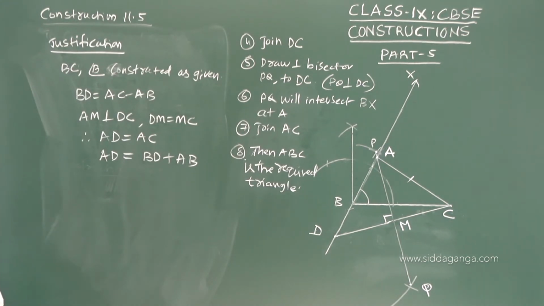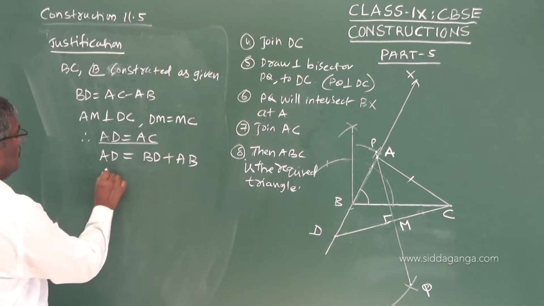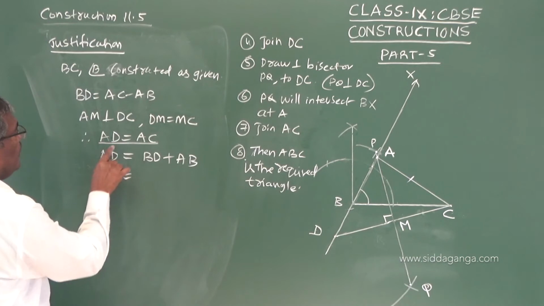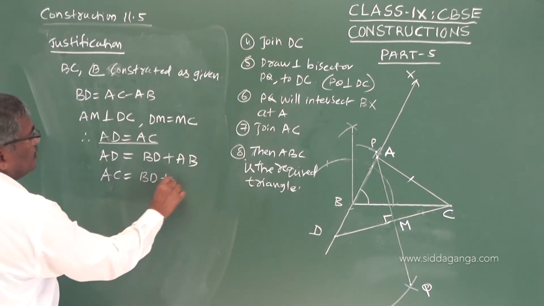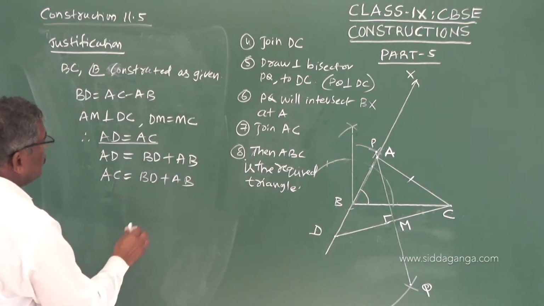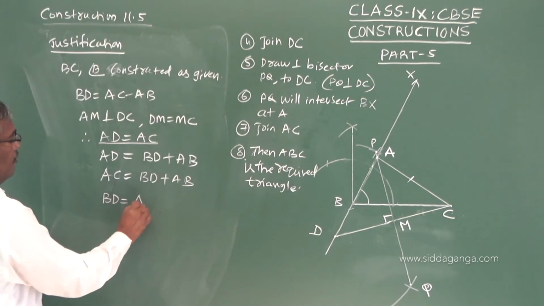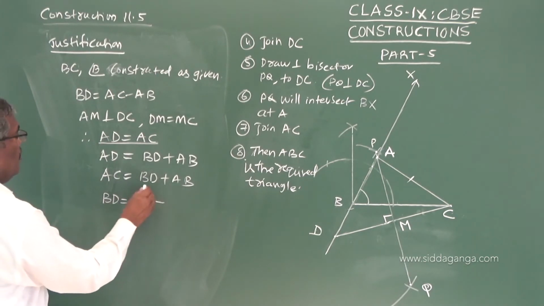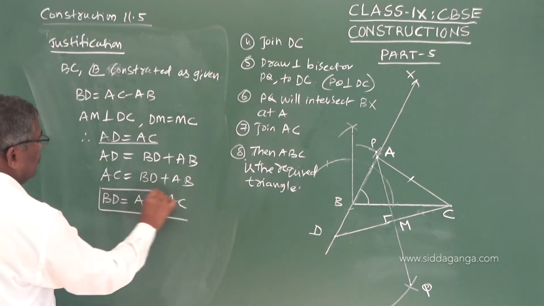Now AD equals AC. You substitute this value here. AC equals BD plus AB. So therefore, BD equals AC minus AB.